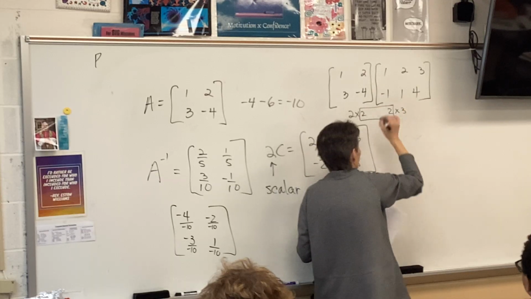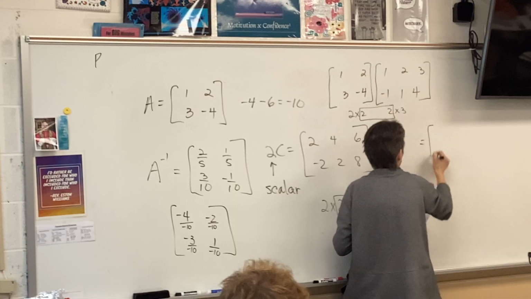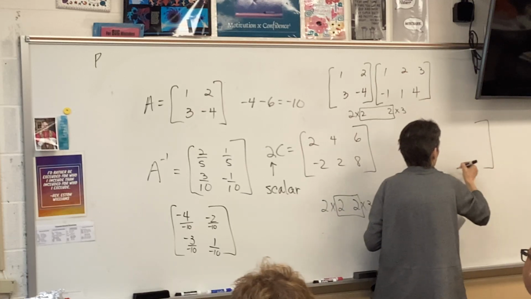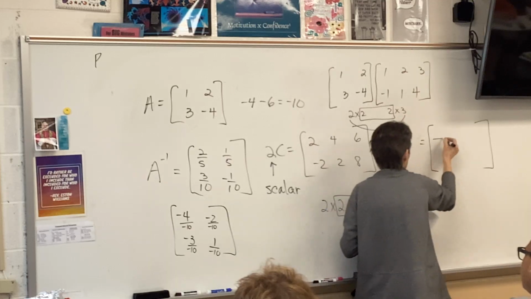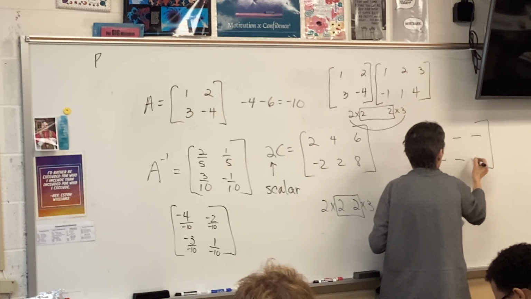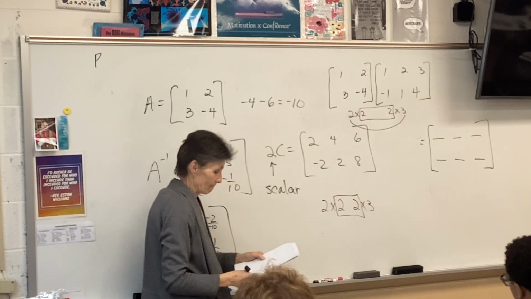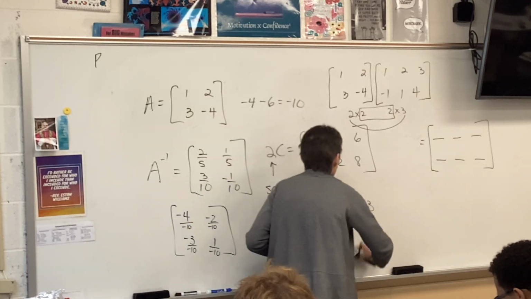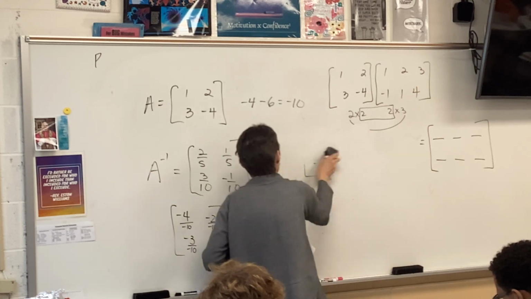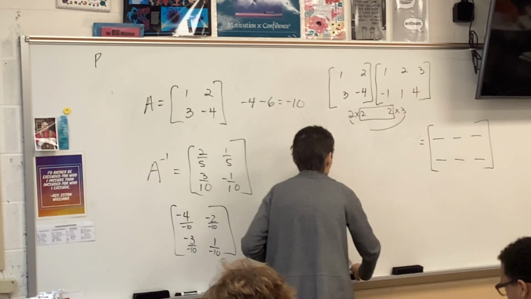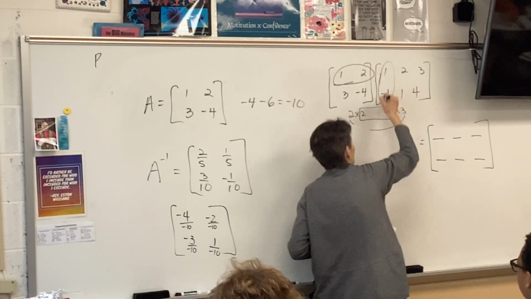So when I multiply them, what am I going to end up with? 2 by 3, so 2 rows, 3 columns. Remember when you multiply, it's easy, but there's a process. It's row times column.